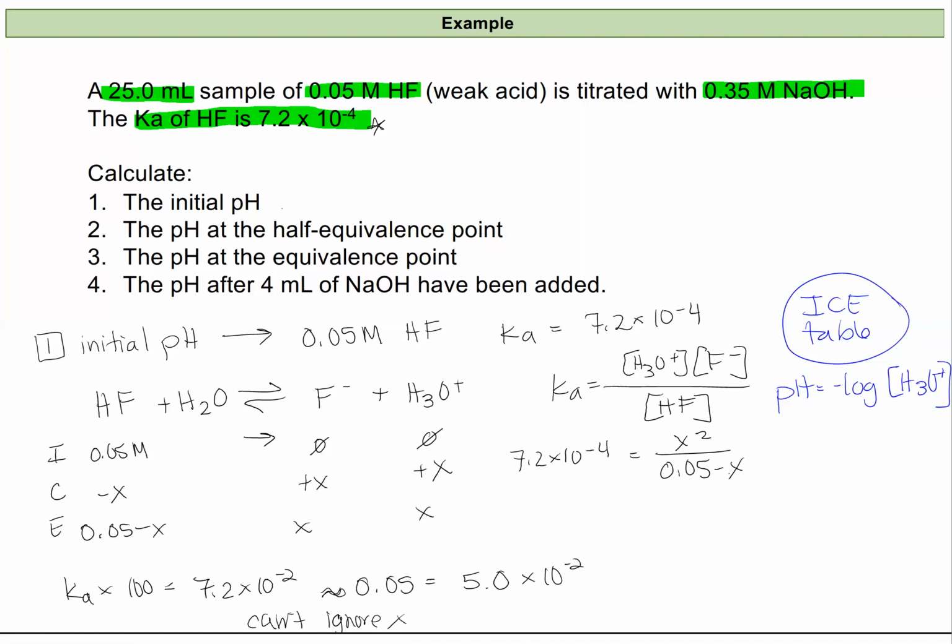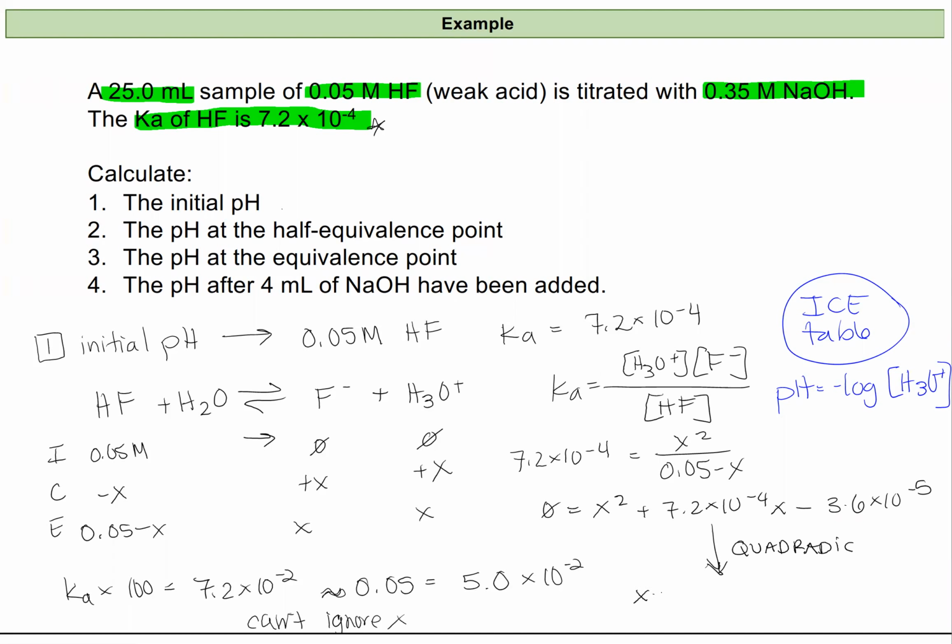I can rearrange this equation so that way it's ready to go into a quadratic solver. X squared plus 7.2 times 10 to the negative fourth x minus 3.6 times 10 to the negative fifth. Now at this point, I'm going to plug it into my quadratic equation, which I'm not going to walk through here since we've had lots of experience with it.